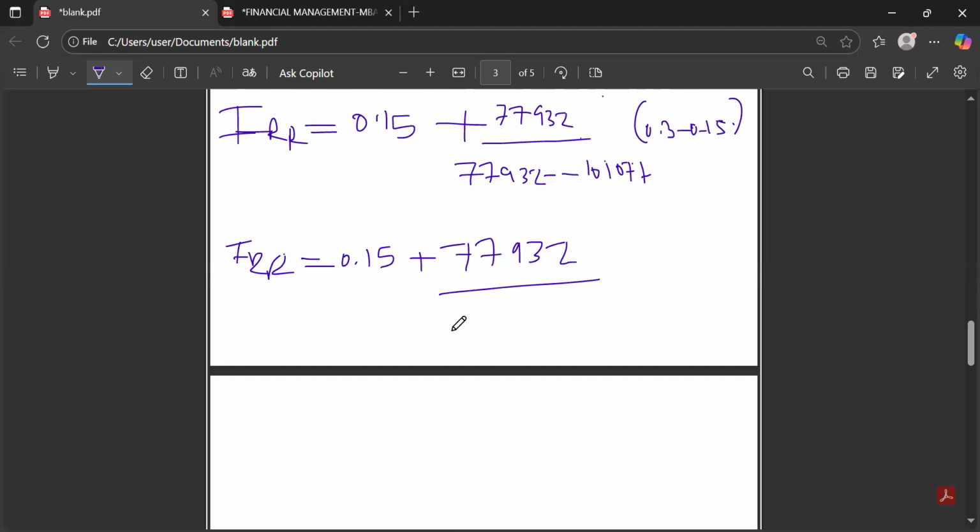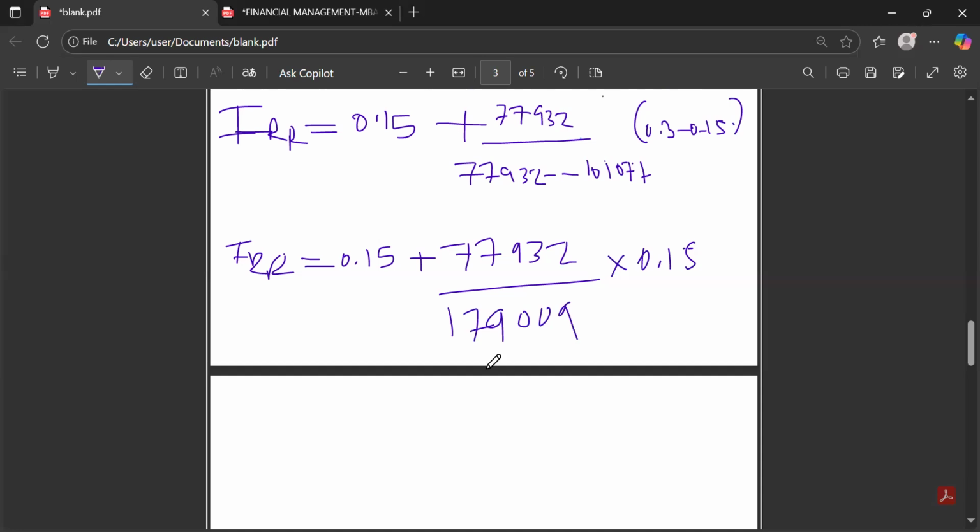Let's see, 179,009 by 0.15. Meaning 77,932 divided by 179,009 and by 0.15.